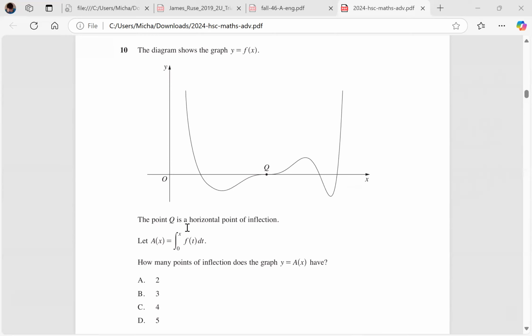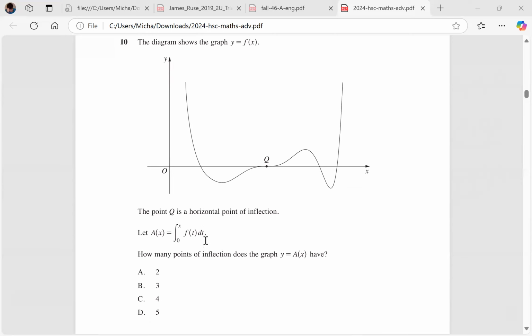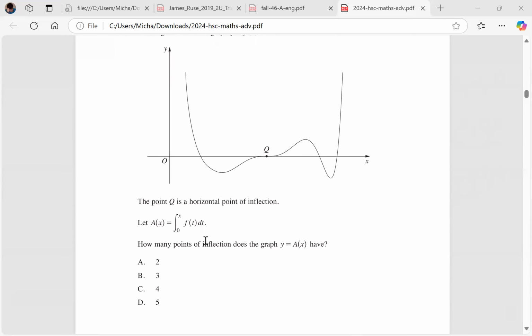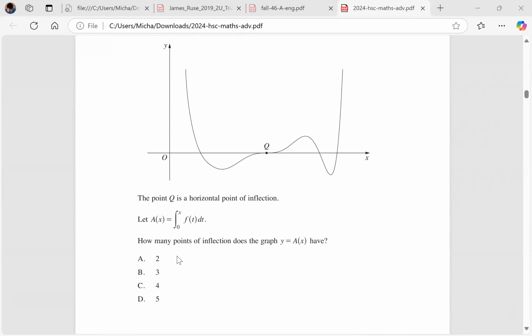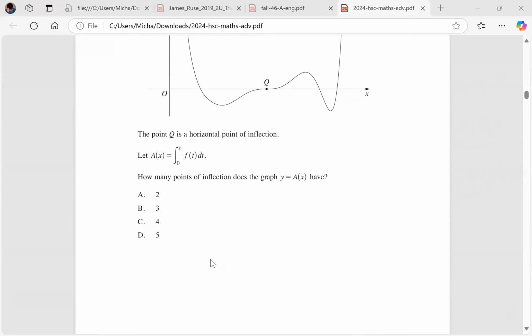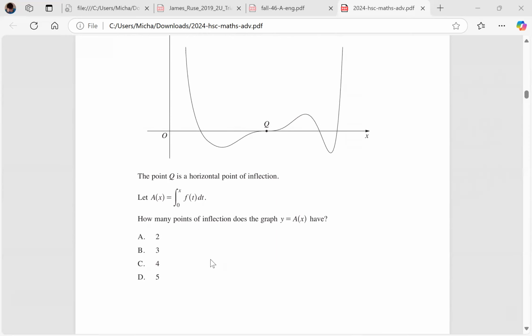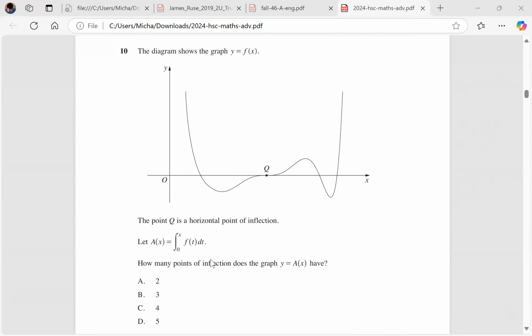Okay, the point Q is a horizontal point of inflection. Let A be the integral of F. How many points of inflection does the graph of A have? So what's a point of inflection?